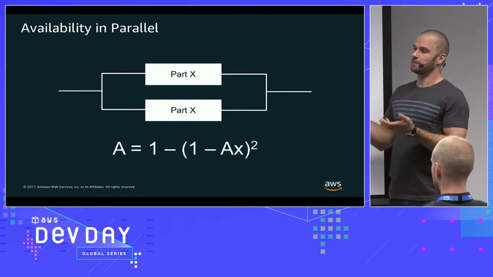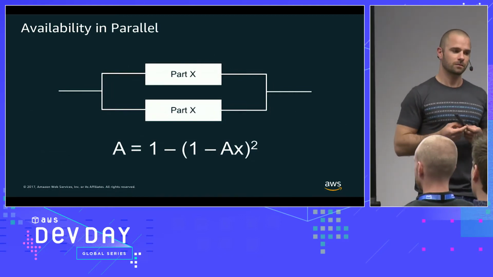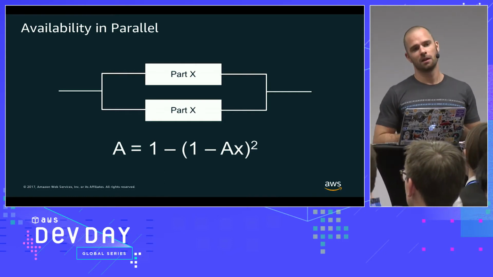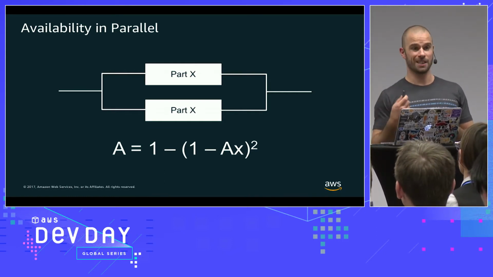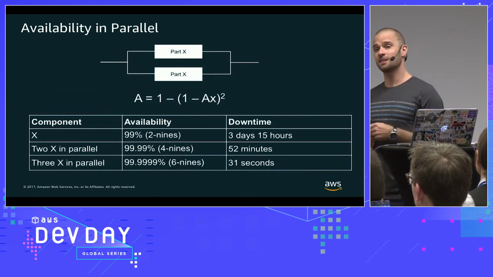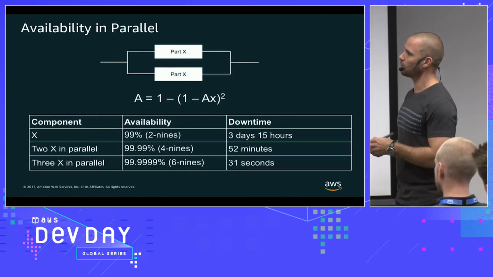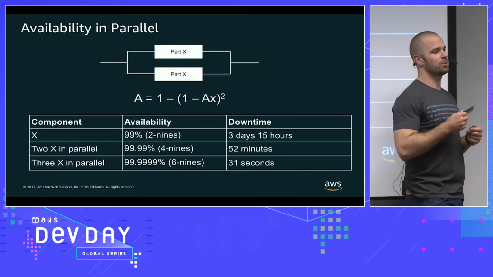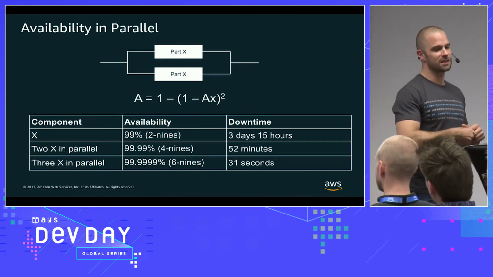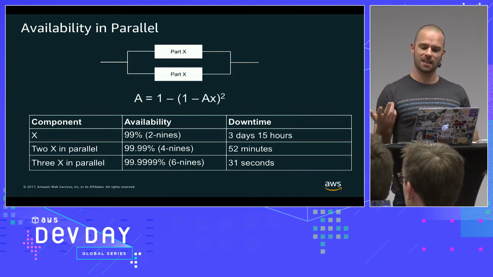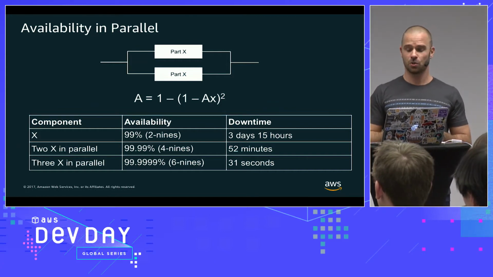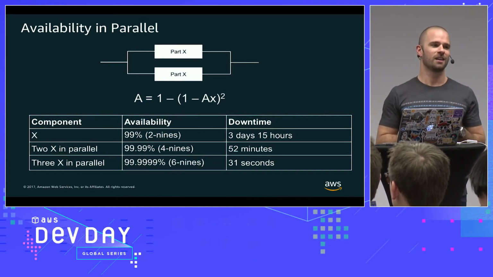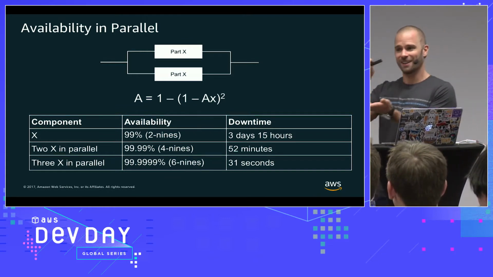Second is when you have systems in parallel, right? If you have 2 components in parallel, that actually increases availability dramatically. And this is super important to understand. So for example, if I have X at 99, if I put 2 X in parallel, all of a sudden I go from 3 days, 15 hours of downtime to 52 minutes without changing anything in X, just by putting it in parallel.